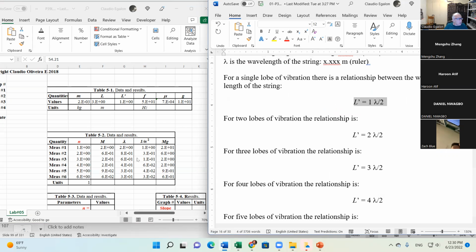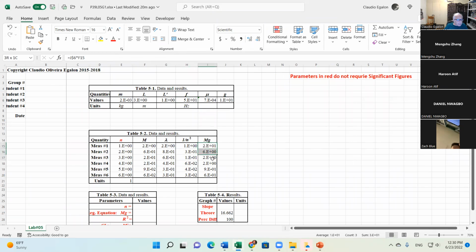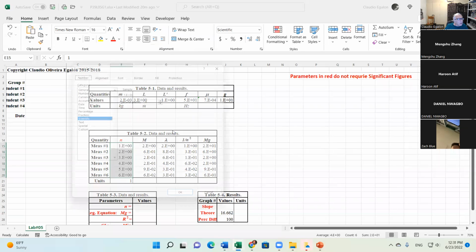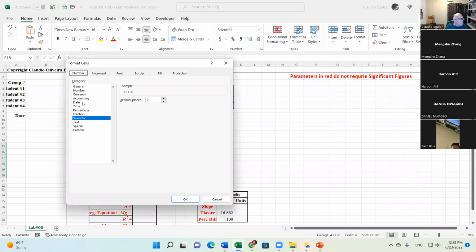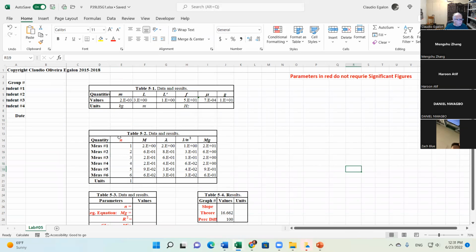So what we are going to do, we're going to change the tension by generating different modes of vibration, n equal to 1, 2. This one doesn't require significant figures, right? It's written here as n. We're going to generate different low modes of vibration by choosing a proper weight.